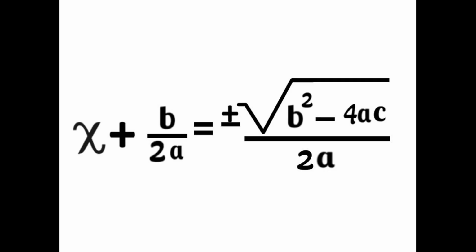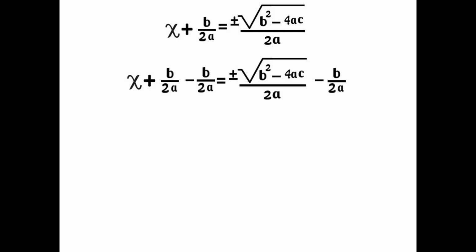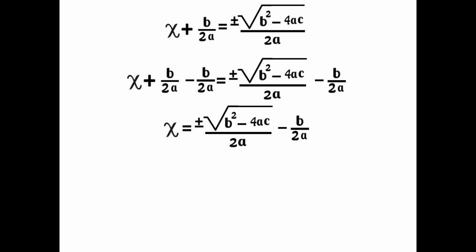When we do that, we have x plus b over 2a minus b over 2a equals plus or minus the square root of b squared minus 4ac over 2a, minus b over 2a. Of course, b over 2a minus b over 2a cancel out each other.